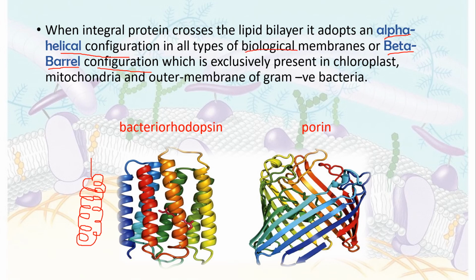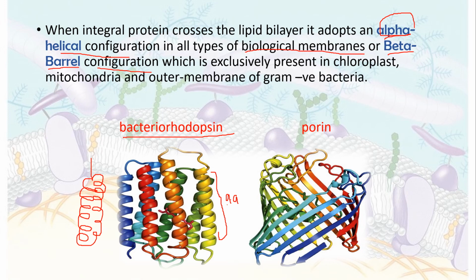Basically, all types of biological membranes have alpha helical configurations. An example is bacteriorhodopsin, present in archaebacteria. It uses light to establish a proton gradient. It has mostly alpha helices that contain non-polar amino acids. Most of the helices are composed of non-polar amino acids that interact strongly with the non-polar or hydrophobic core of the lipid bilayer.